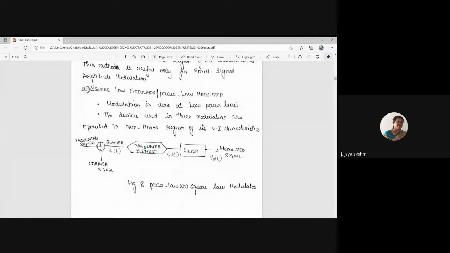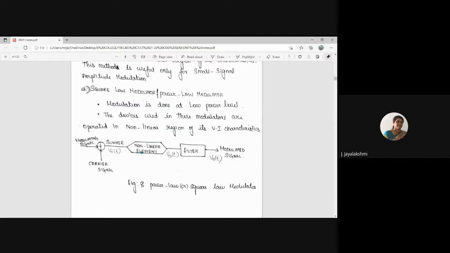The only thing you are going to do is set the operating point. The operating point is set in such a way that it operates in the nonlinear region of the device. Already in electronic circuits 1, you have seen where the operating point has to be fixed, the Q point, and how to fix a Q point. So you have to design the transistor or diode, whatever component you choose, in such a way that it is operated in the nonlinear region.